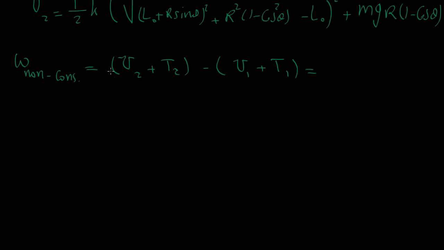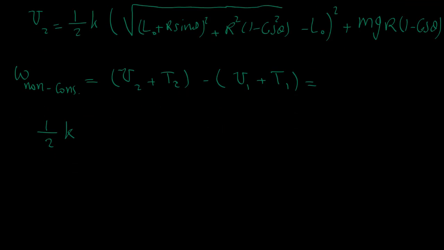So here U2, we just calculated, would be 1 over 2 k delta L squared, but we know that this is a function of theta, so maybe it's better to just write delta L of theta squared, plus mg R times 1 minus cosine theta, minus U1 and T1.